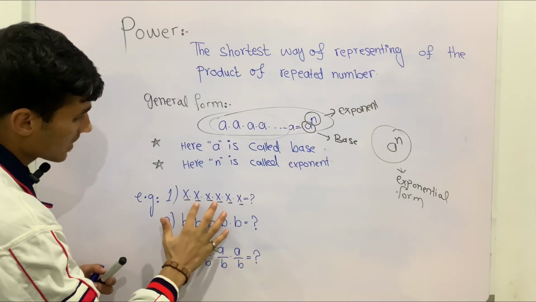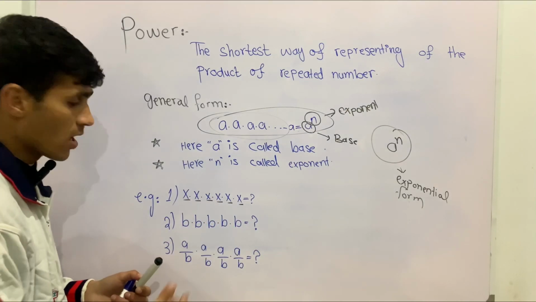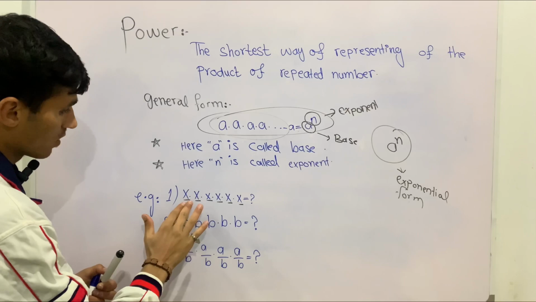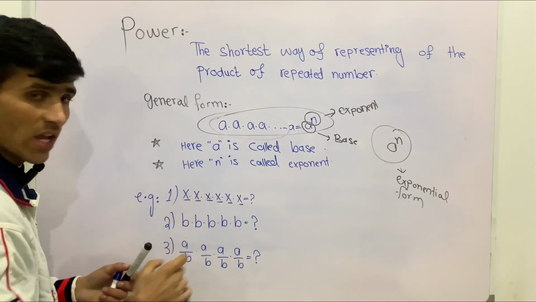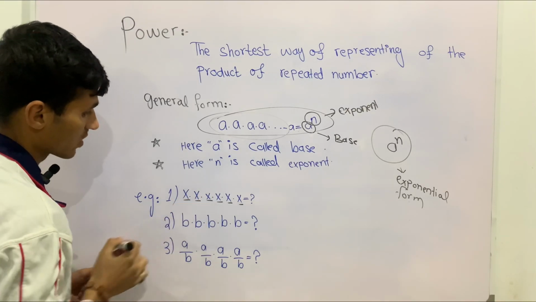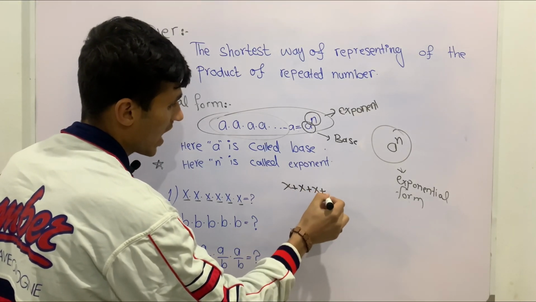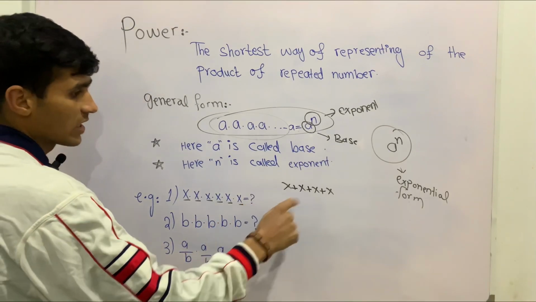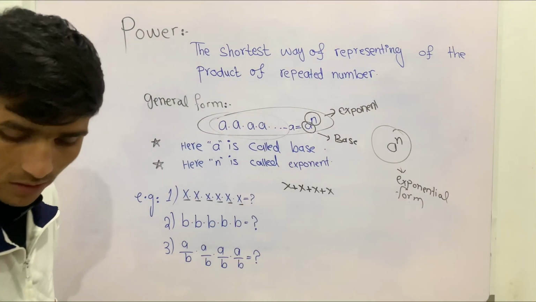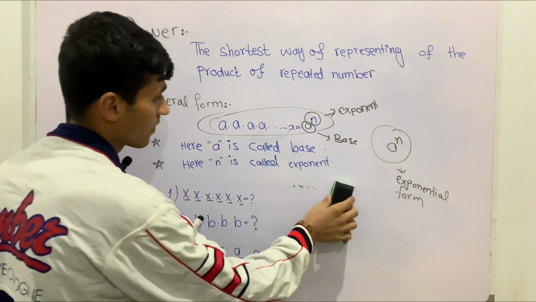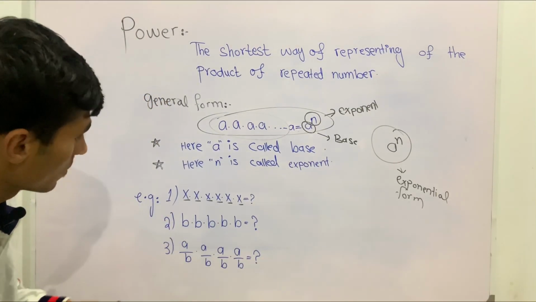This is a repeated x in the form of a product. It's not addition. An addition can't be represented in power. It's just in the case of multiplication, the product.